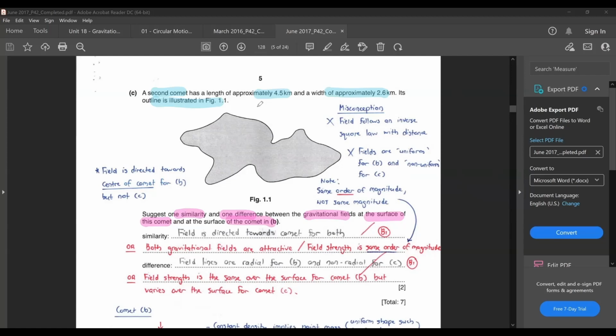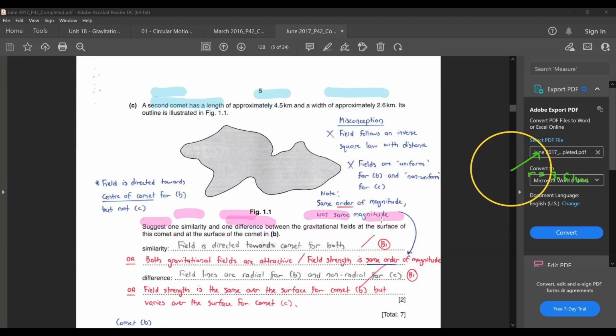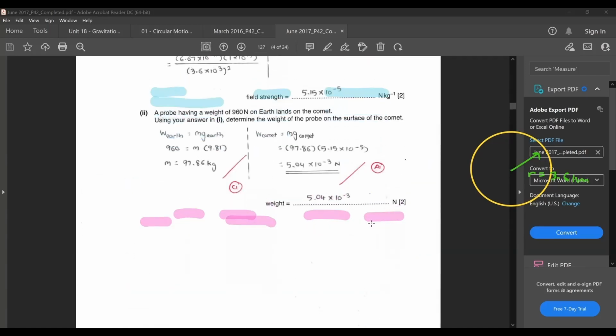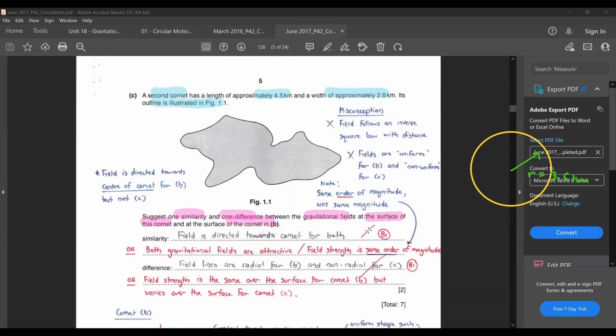Now, just now the comet in B, which was the previous question, is actually a spherical comet. It has a circular cross-sectional area. And then we mentioned that the radius is 3.6 kilometer, if I'm not mistaken. Yeah, it's 3.6 kilometer.